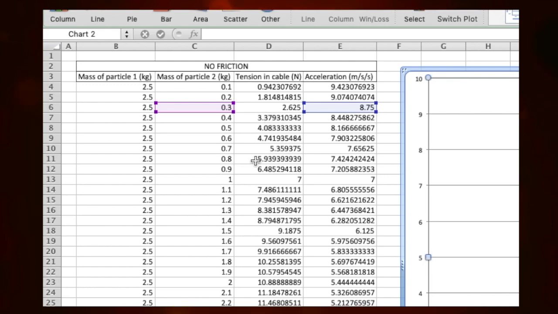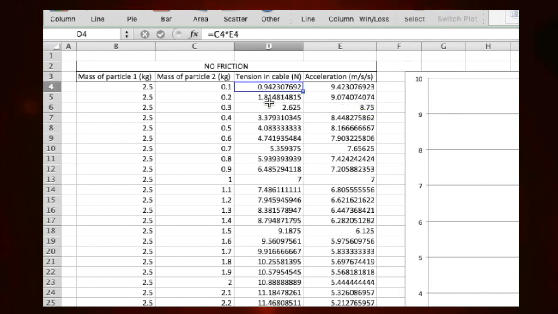We should understand that as the mass increases, the acceleration is going to reduce, which seems to be what happens, and the tension is going to increase. Now, just to show you the formula here, I've done exactly what we've just written down. I've got the mass of the first particle times gravity divided by the combined masses.